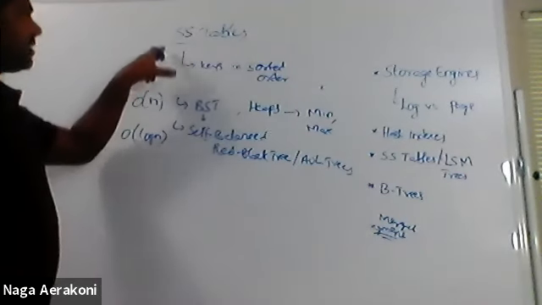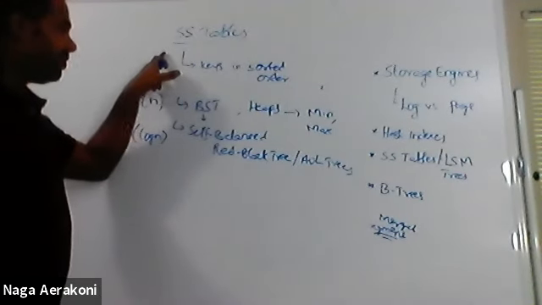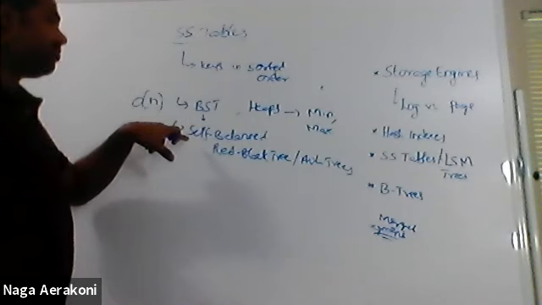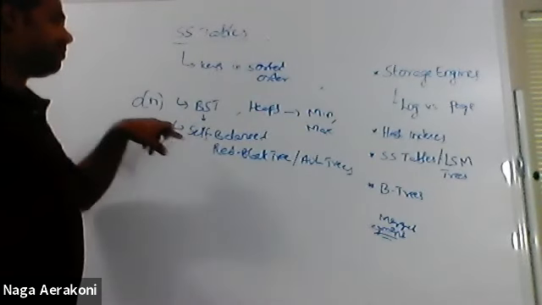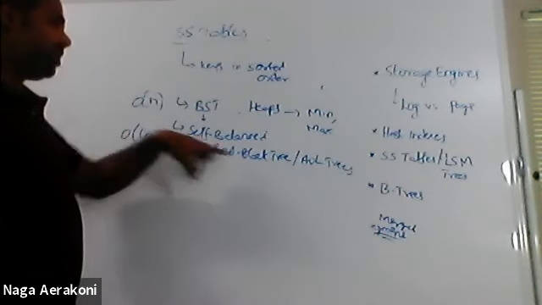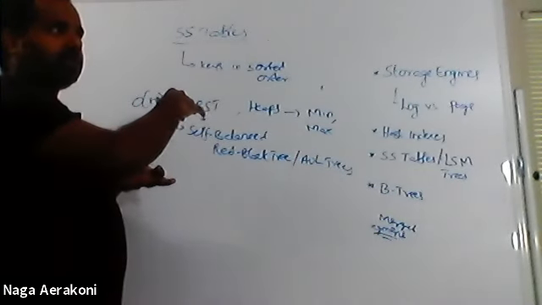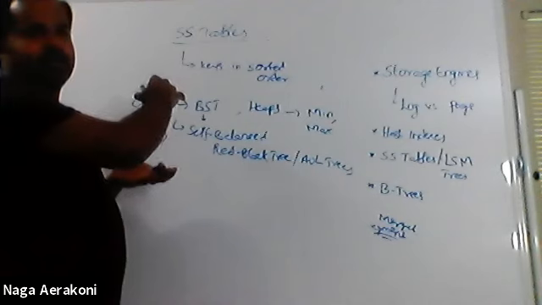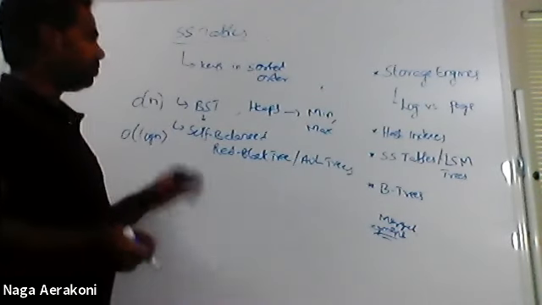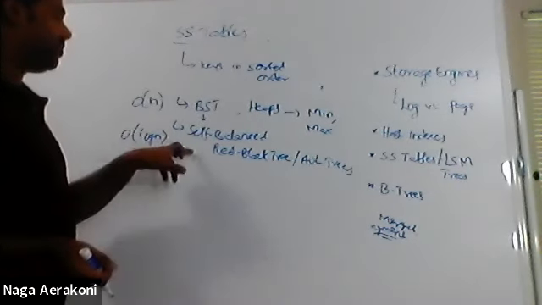So the idea of SSTables is, what if we can use a self-balanced BST or red black tree to store all the keys in sorted order? That's the idea of a sorted string table.